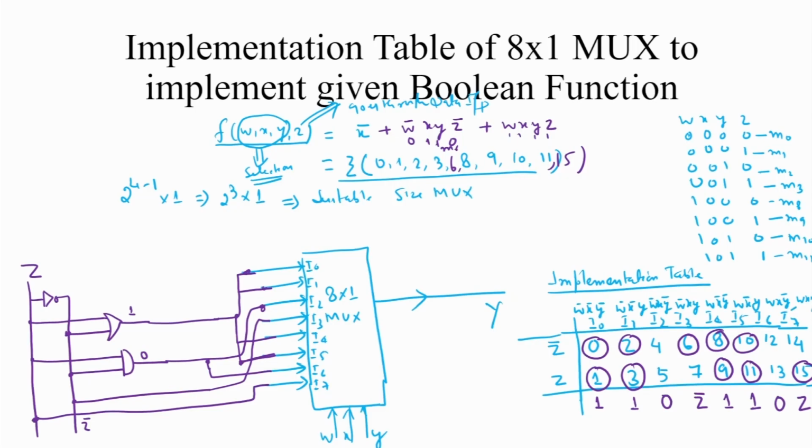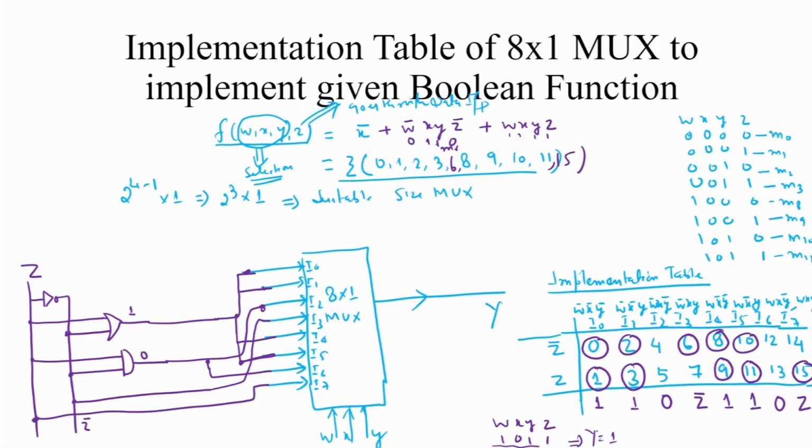Suppose we check for one input, that is 1 0 1 1. w, x, y represent input number I5, and I5 is connected to 1, so in this combination the output value of y is equal to 1.